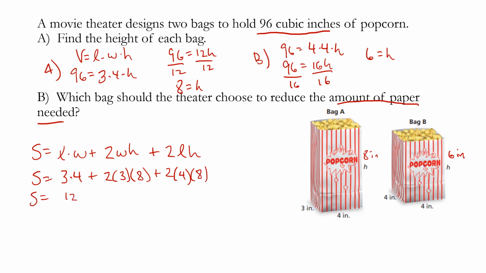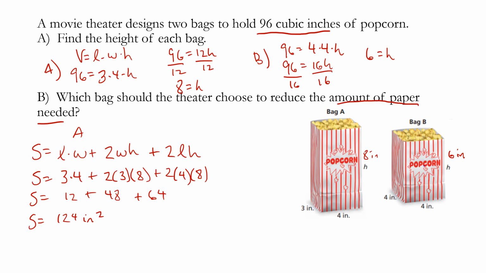I've got 12, and then we've got 2 times 3 is 6, times 8 is 48, so 12 plus 48. And now 2 times 4 is 8 times 8, which is 64. So we have 12 plus 48 plus 64. And we'll get 124 square inches of paper. And that is for bag A.